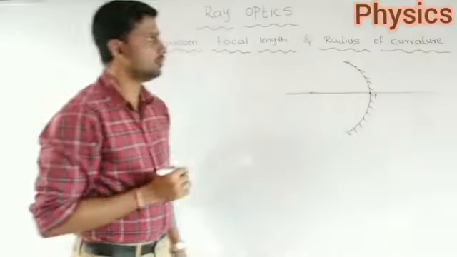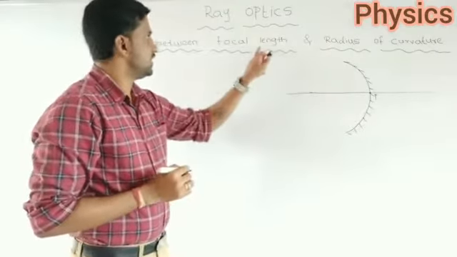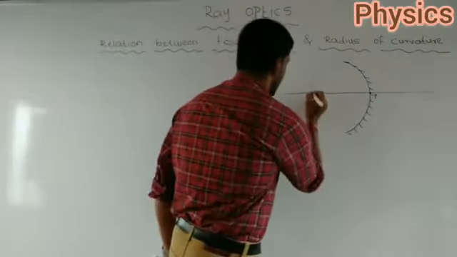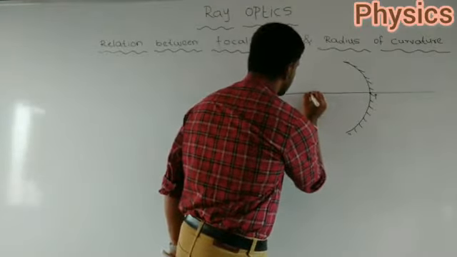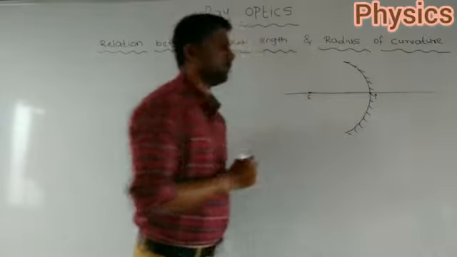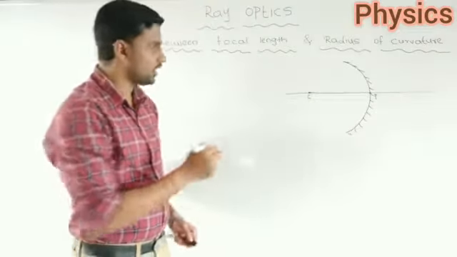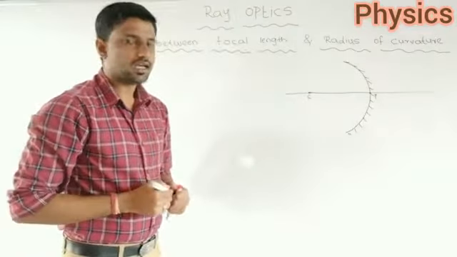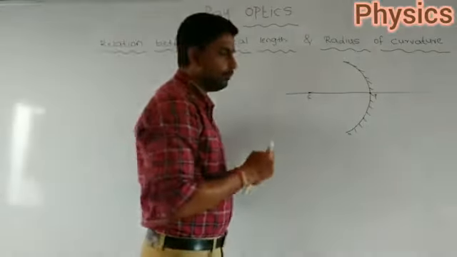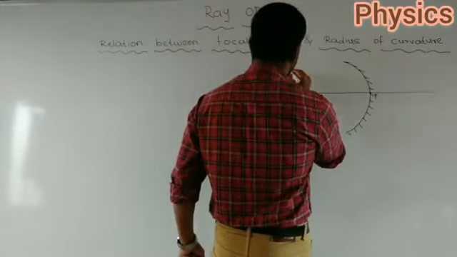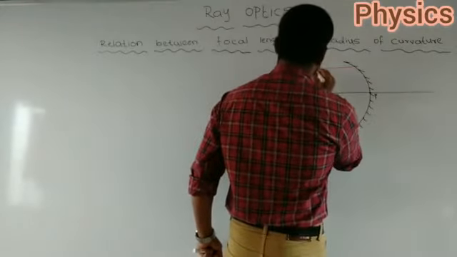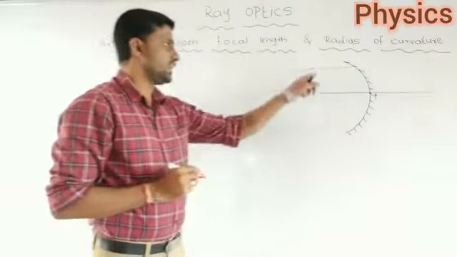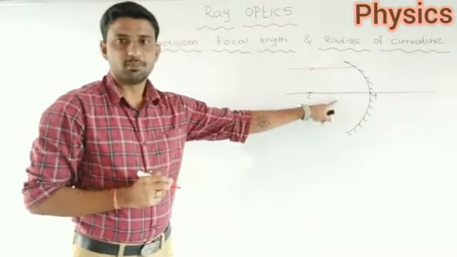Now I am going to find the relation between the focal length and the radius of curvature. Before that, here I am going to take the center of the concave mirror. Now what I am going to do is incident a parallel ray on the concave mirror. This is the incident parallel ray. This ray is parallel to the principal axis.